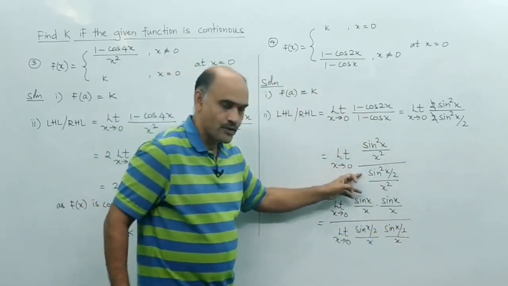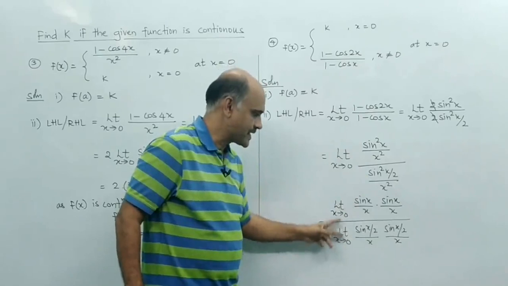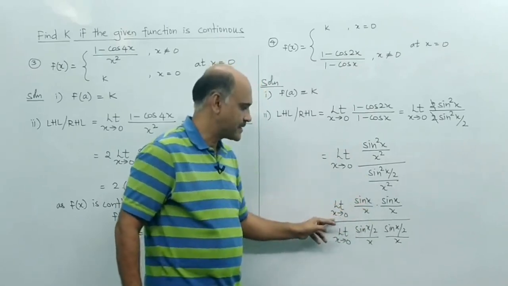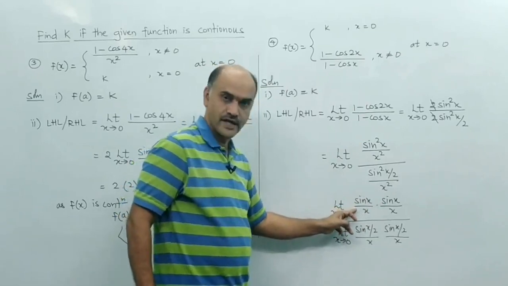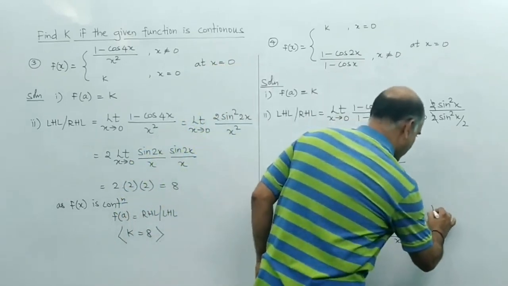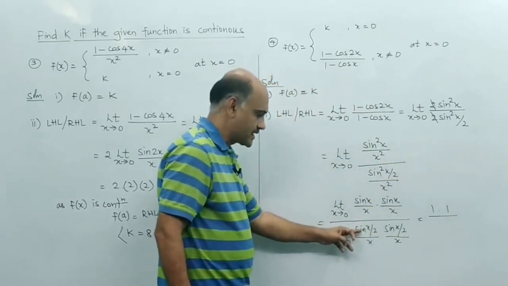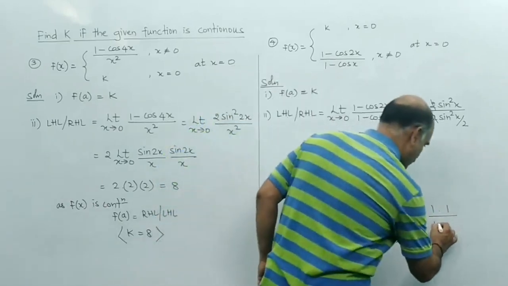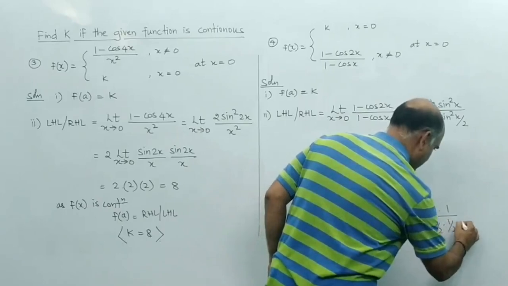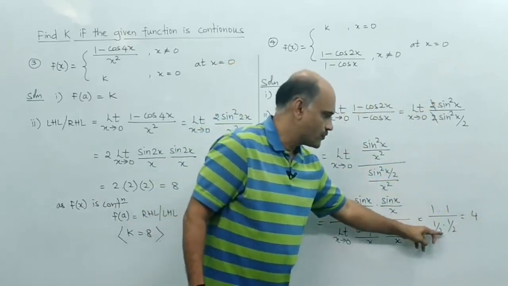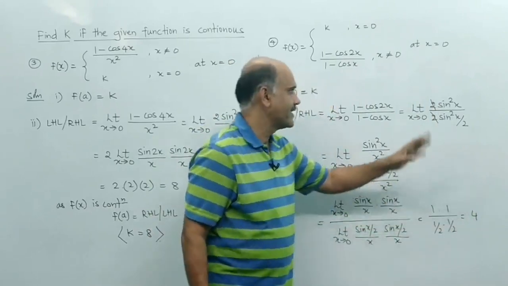Now sin x by x as x tends to 0 is 1. So 1 into 1 divided by, in the denominator, 1 by 2 into 1 by 2. So 2 and 2 will go to the numerator, and you will get the answer 4.